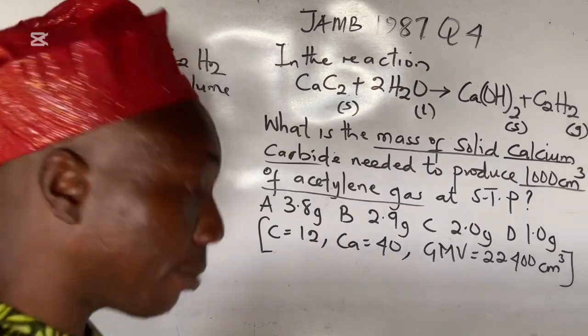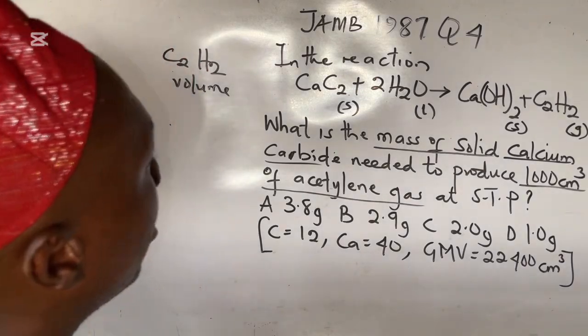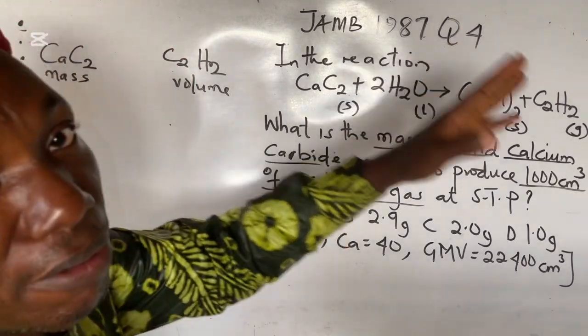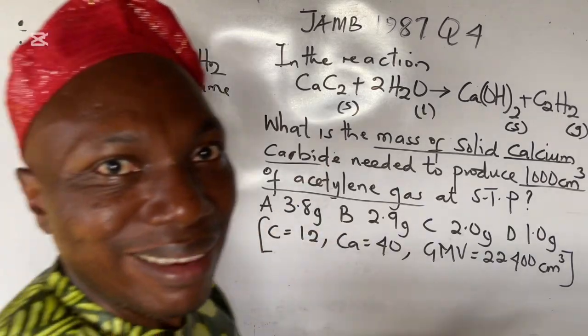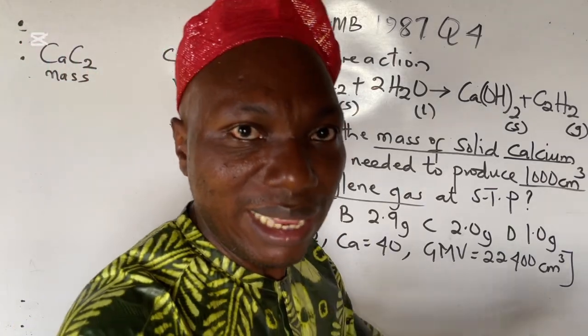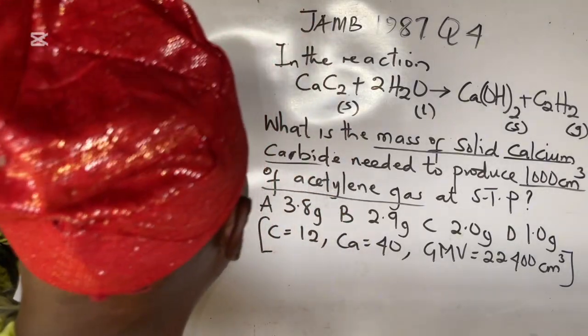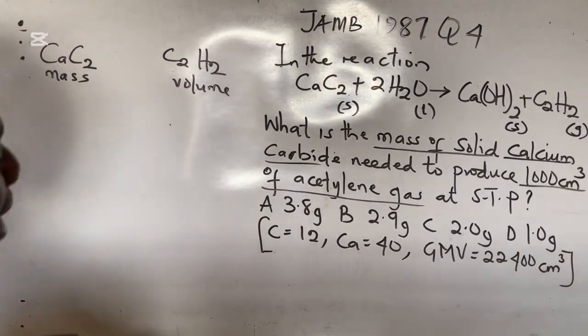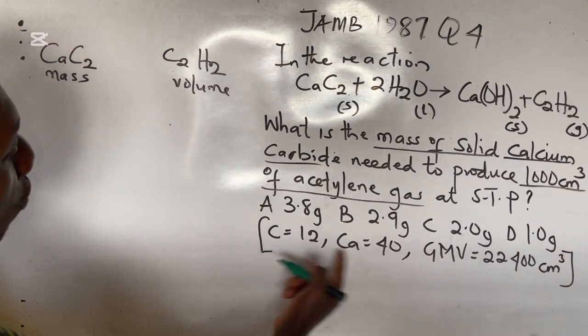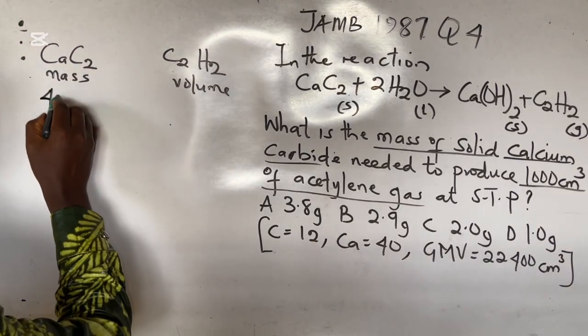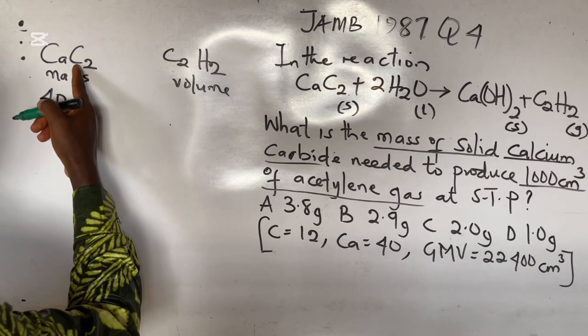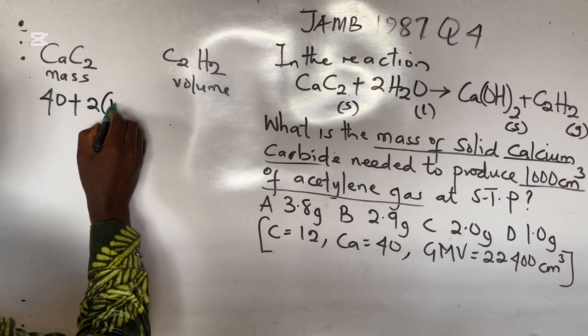So the next thing is, they said mass and volume. So let's get the relative molecular mass of calcium carbide. We have calcium is 40, plus carbon is 2, that's 2 into bracket 12.